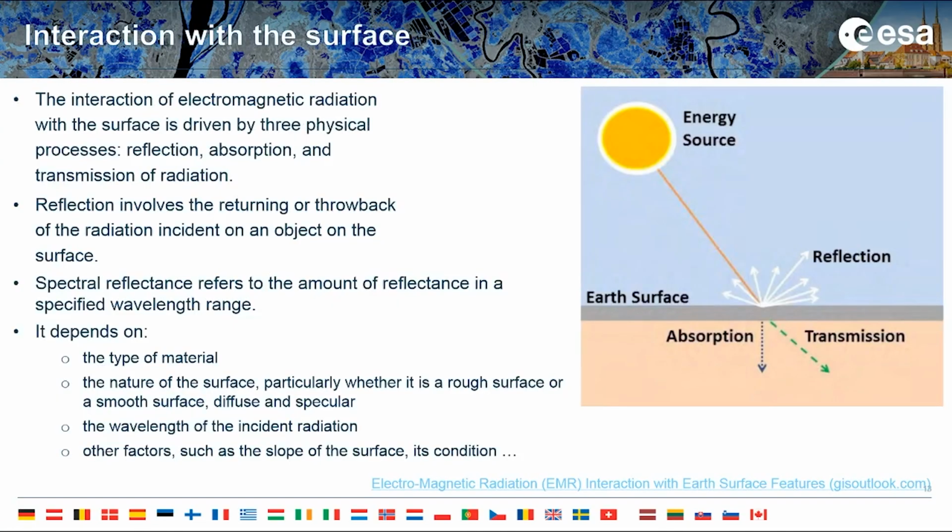So this is the interaction with the surface. Our source of energy is the sun that goes to the surface, and there is a part of this source that is absorbed and transmitted to the ground, and part of this is reflected, and this part is the one detected by the optical sensor.